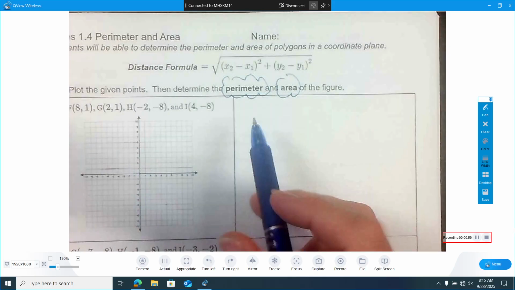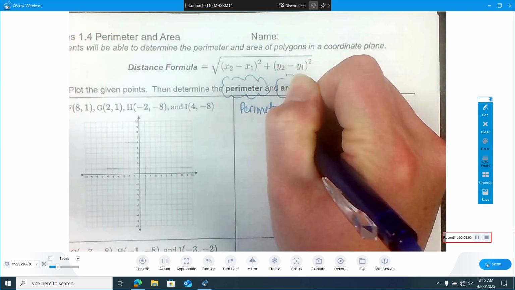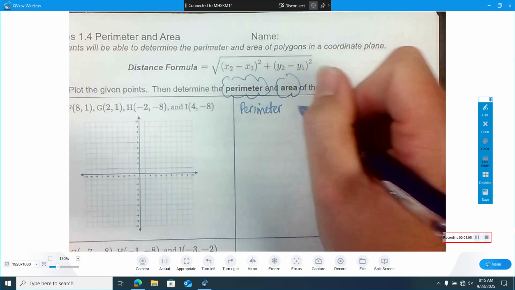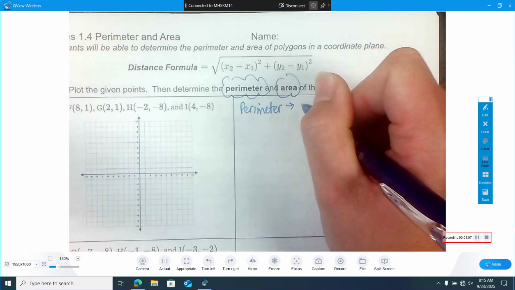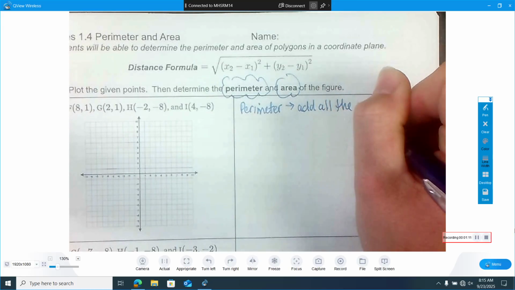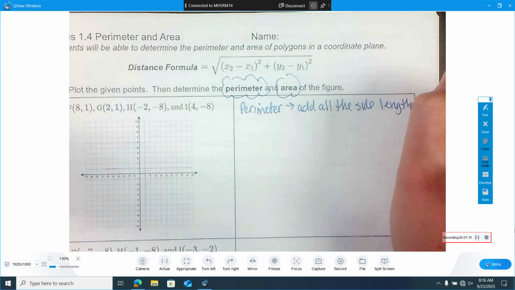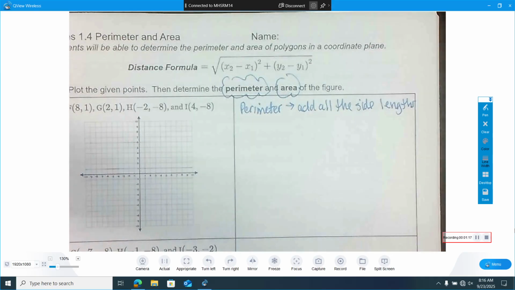We want to find the perimeter and area. What is perimeter? The outside of the figure, all the sides. Add all the side lengths. So to find the perimeter of something, we have to add up all the side lengths.